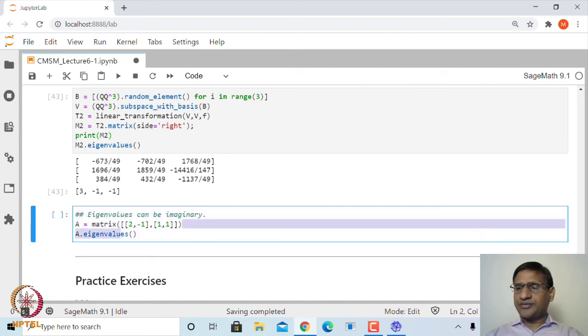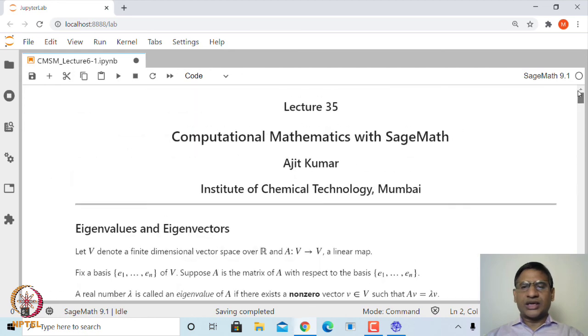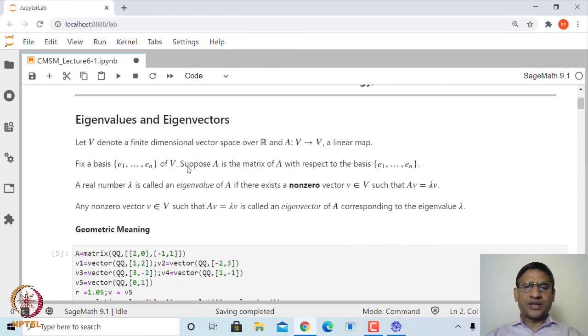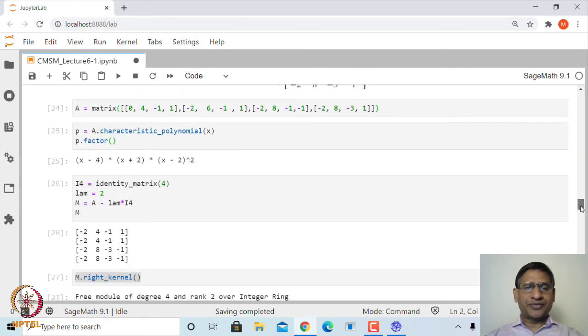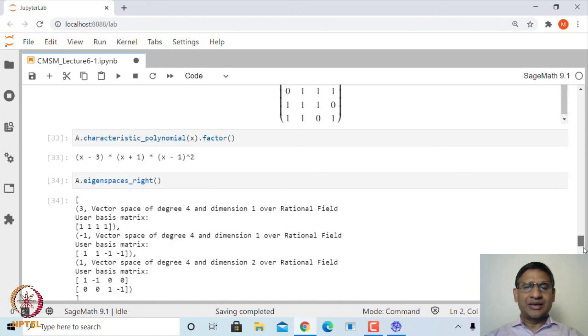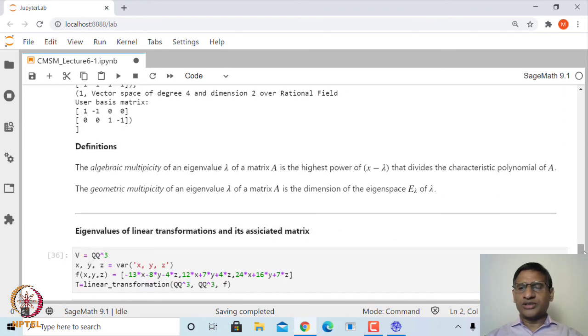And see, we have defined eigenvalues as real numbers, because we defined A as a linear map from a vector space V over R to itself. So, in this case the eigenvalue has to be real, similarly the eigenvector. But if you look at the characteristic polynomial, it will be some polynomial in x, but that need not always be real.